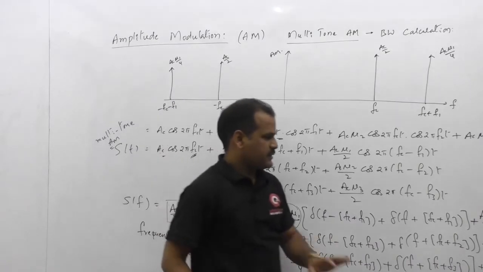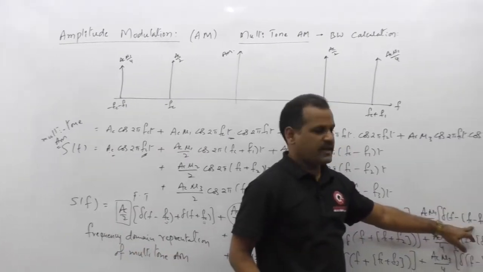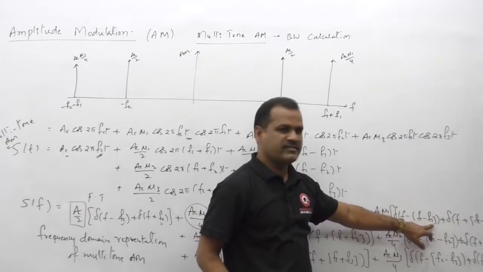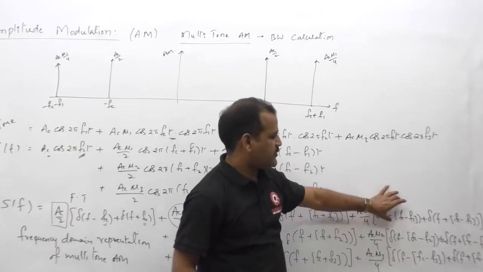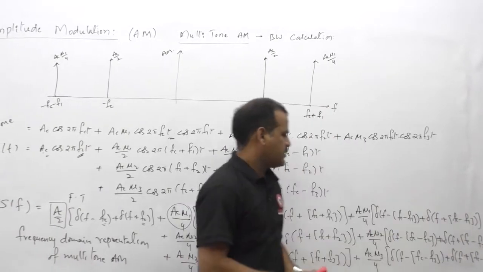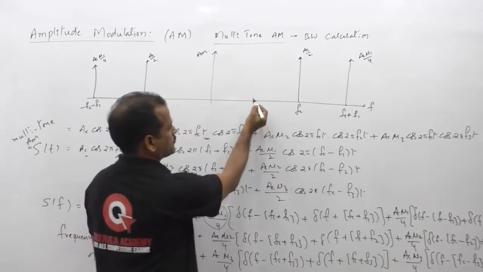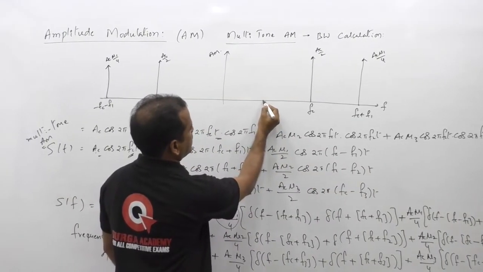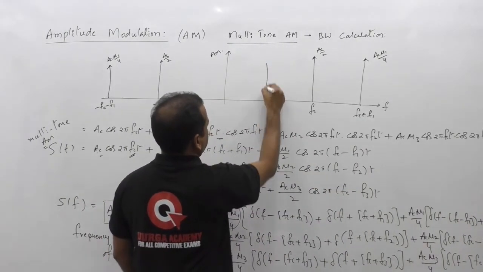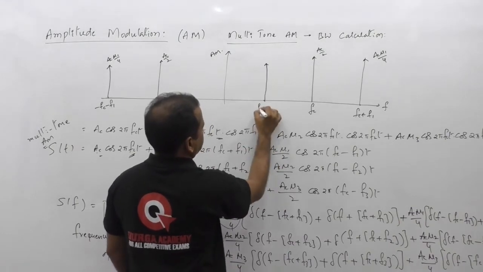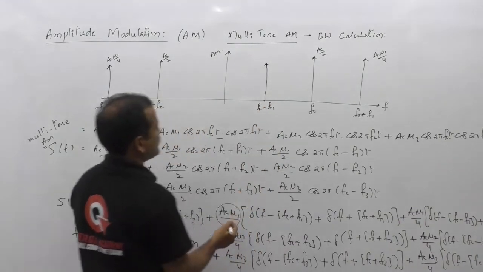Let us consider the first LSB term here at the frequency component Fc minus F1. This is the right side delta function, this is the left side delta function for Fc minus F1. So the right side function we are getting somewhere here. This is the Fc minus F1 frequency component.